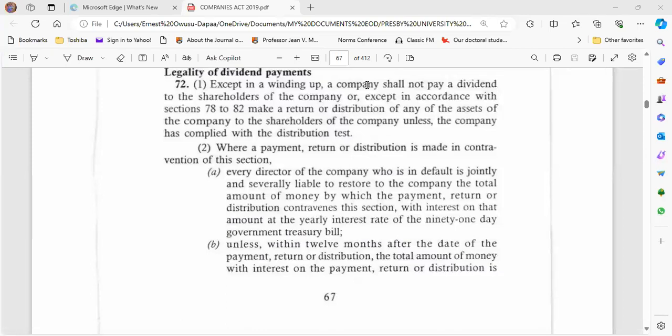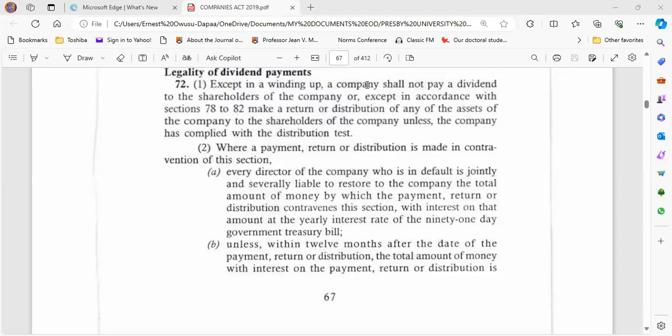But we do not want the company to create artificial dividends. And for that matter, if rules are not put in place to regulate how and when the company may come to the conclusion that profits are available, and for that matter, the profits or part of it can be shared as dividends, you may end up letting the company eat into its operating capital.